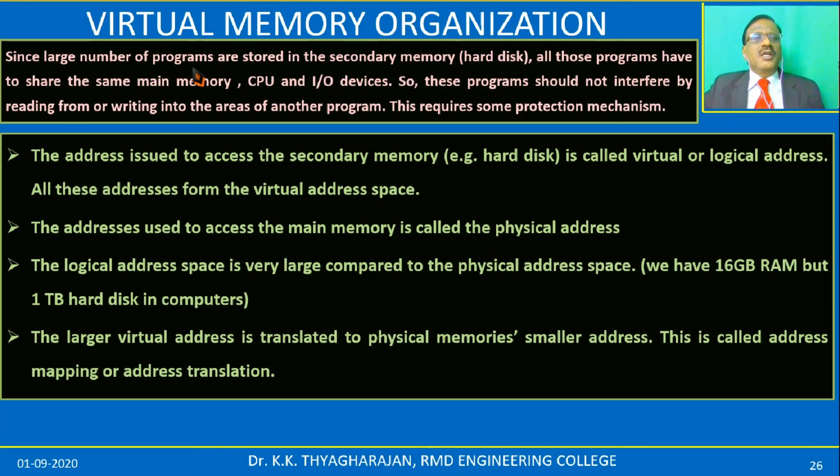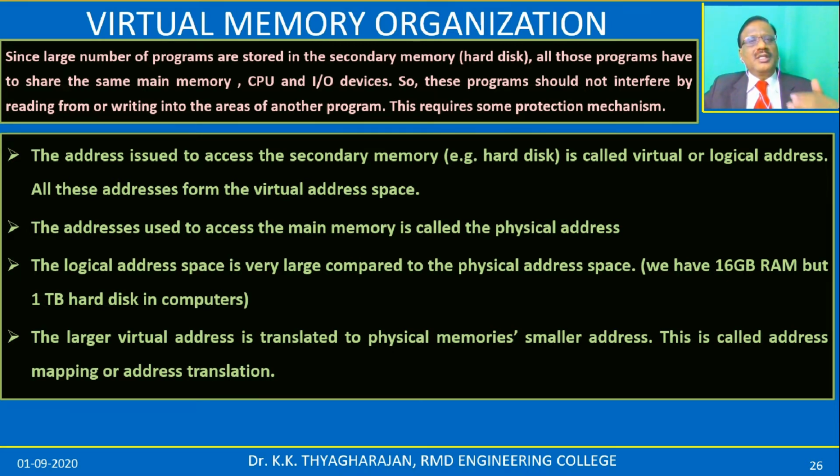Since a large number of programs are stored in the secondary memory, that is the hard disk, all those programs have to share the same main memory. That means first one program will be stored in the main memory, then a second program will be stored, and that program will be read by the CPU for execution.